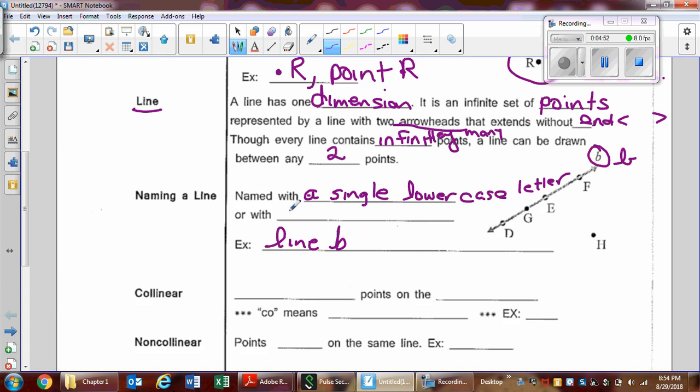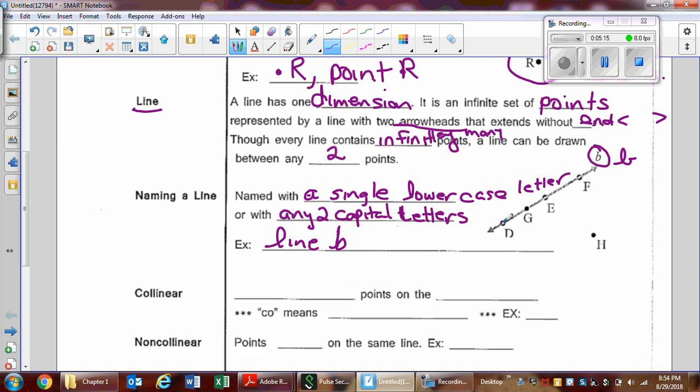Or I can use any two points, or any two capital letters, sorry. Okay, so any two capital letters.